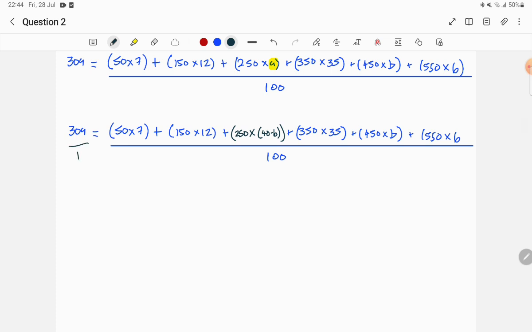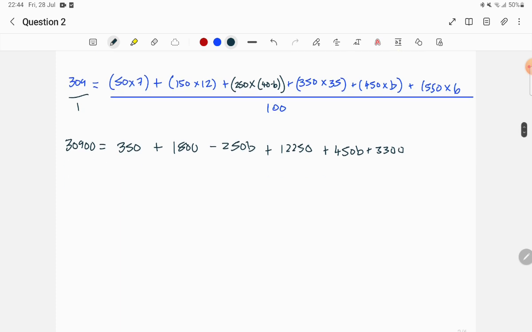Once we get the 100 on the one side, we end up with 30,900 and so on, just simplifying the different terms. Of course, you can do this in one shot, but this is to understand what we're dealing with.